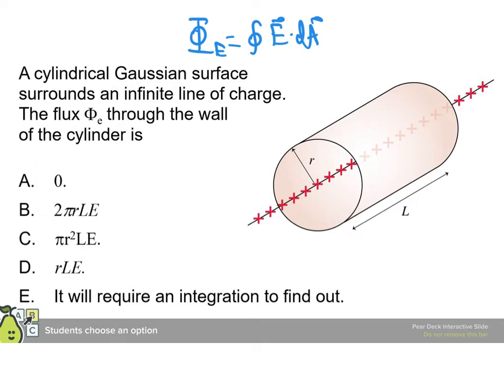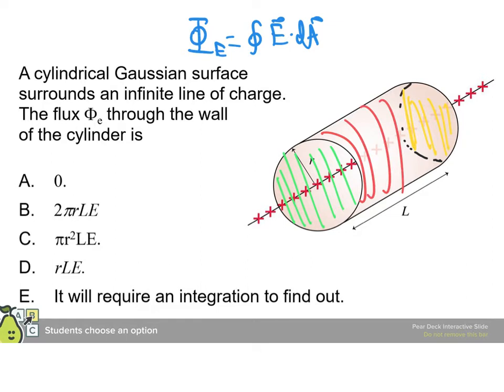This is a cylinder, so let's continue this guy. Remember, there's a cap back here. There are actually three surfaces: cap 1, cap 2, and then the wall.